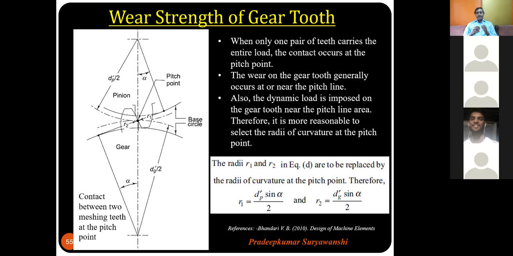So at the pitch point, if you consider the contacting cylinders, we can have R1 as the radius of one circle drawn like this here, and with R2 as radius we can draw another circle here in this way. So these two cylinders are in contact here.